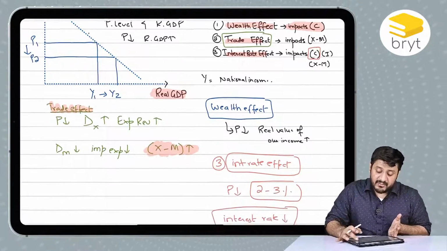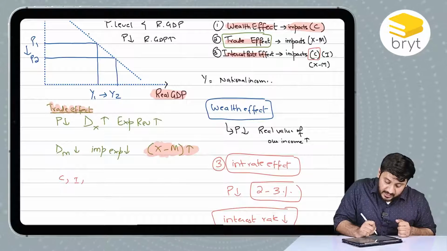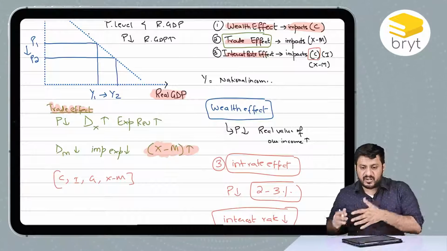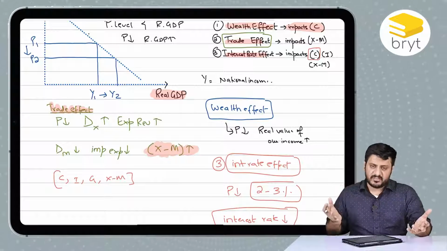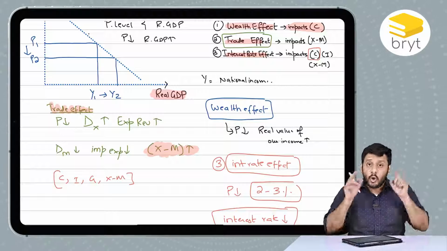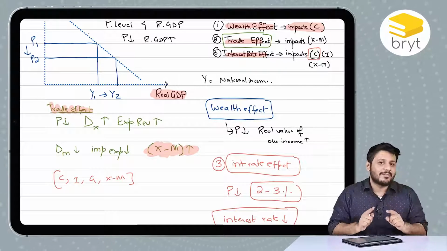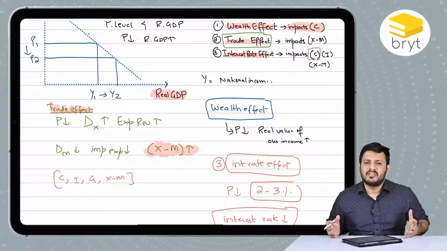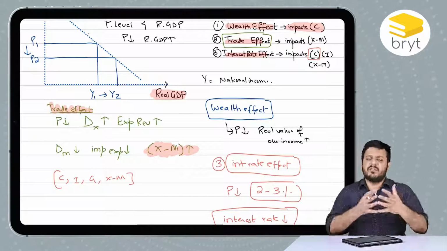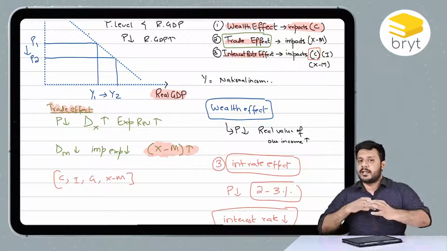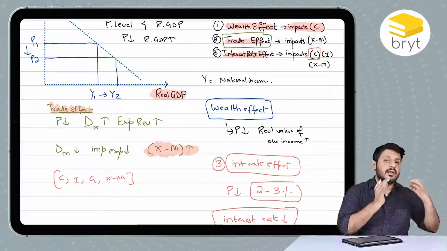Remember guys, whenever C, I, G, or X minus M independently change, for example, if C starts to rise, I starts to rise, G starts to rise, or net exports start to rise, not because of changes in price level, but independently because of some other factors which we will discuss later, then the aggregate demand curve will shift either to the right or to the left.